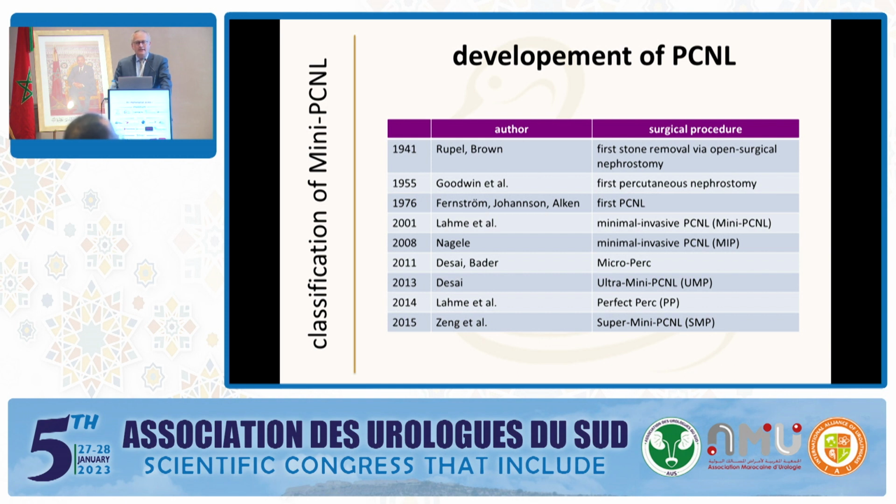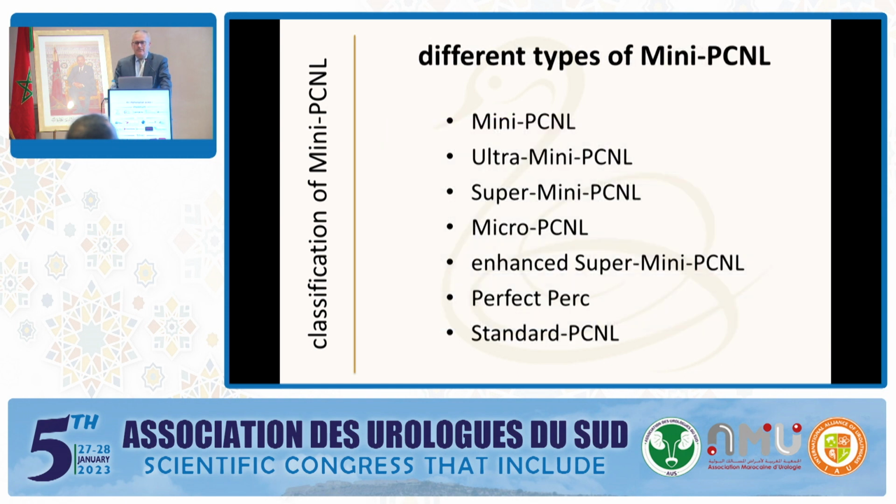Later on in 1976, Fernström and Alken described the conventional PCNL technique. And in 2001, the first mini PCNL nephroscope for application in adults, not in children, in adults, was described. And later on, there were some other working groups around Nagele, Bader, and Desai and Seng, who showed modifications of the so-called original mini PCNL.